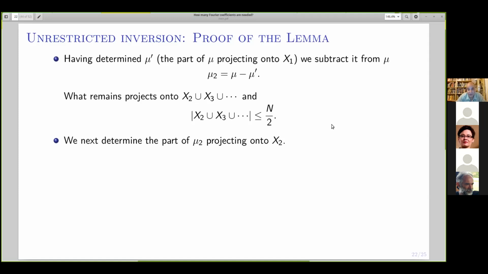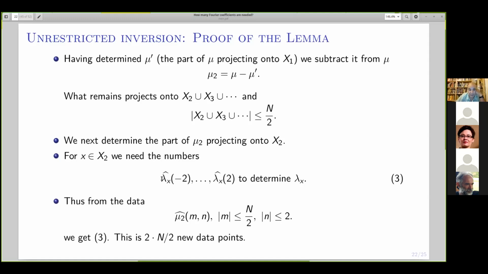And how do we determine this set mu2 on X2? We're now going to isolate the part of X2 only. Okay, for each point in X2, we need to know these numbers. And how do we get these numbers? From this collection of Fourier data. How much is this? Well, this is n over 2 in the x direction and from -2 to 2 in the y direction. But part of this set we already have.